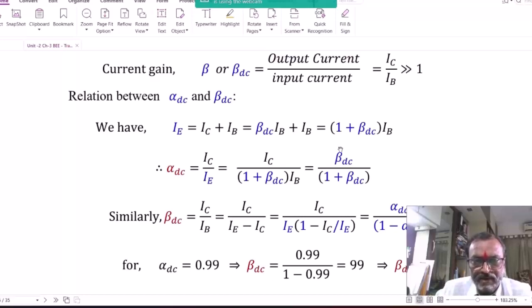Substituting this and taking IB common, IE becomes 1 plus beta DC into IB. Whereas we know alpha DC is equal to IC by IE. Let us substitute the value of IE here.